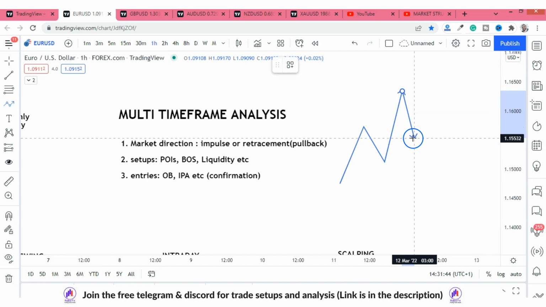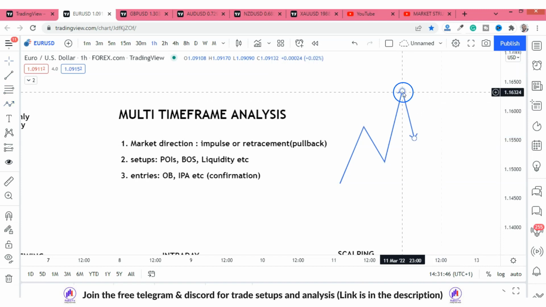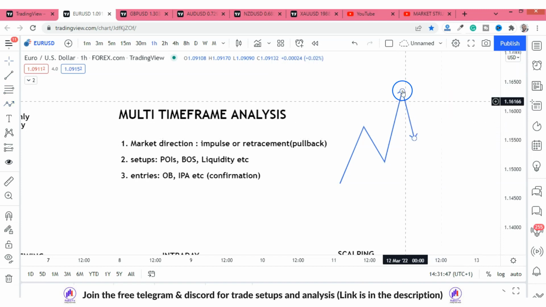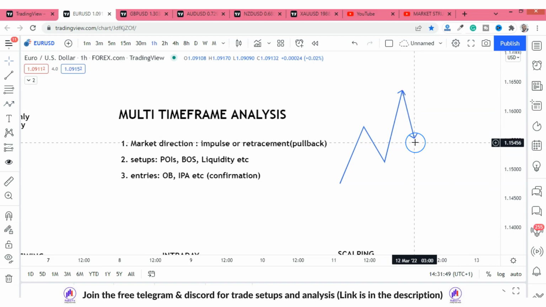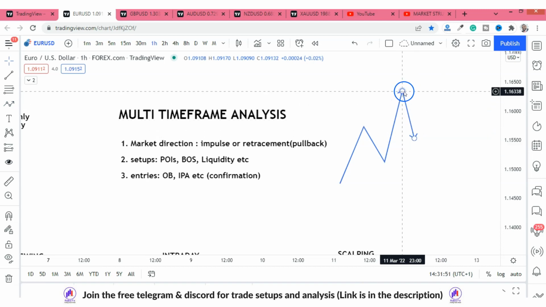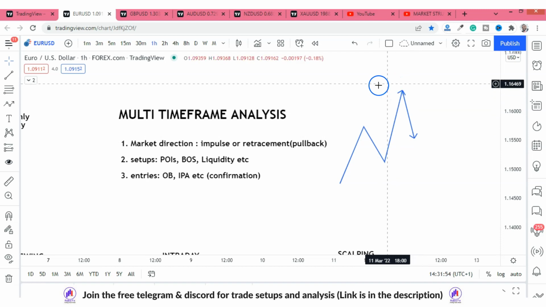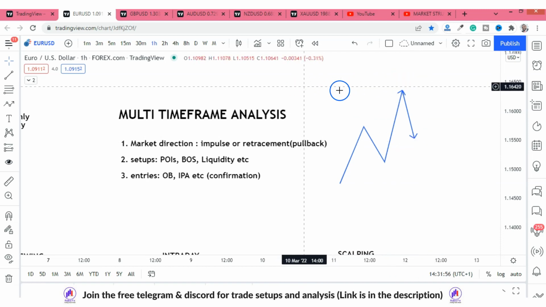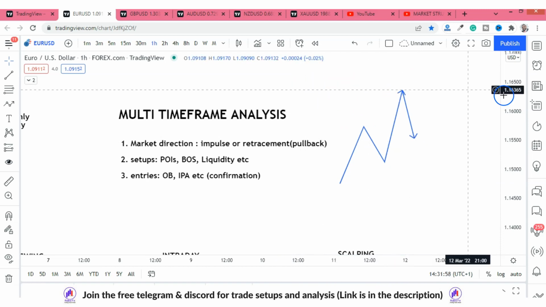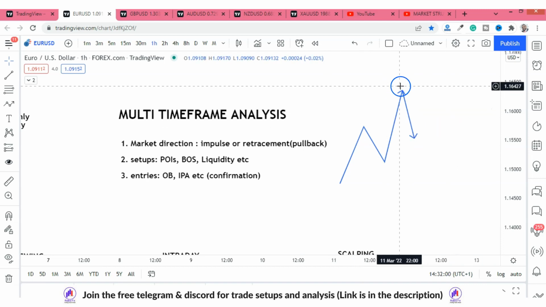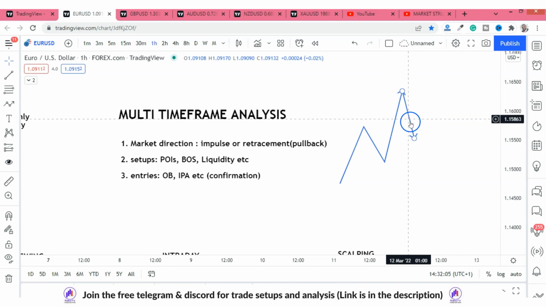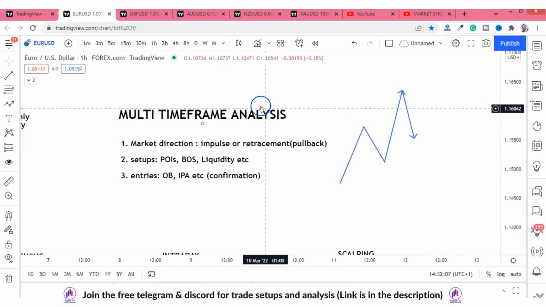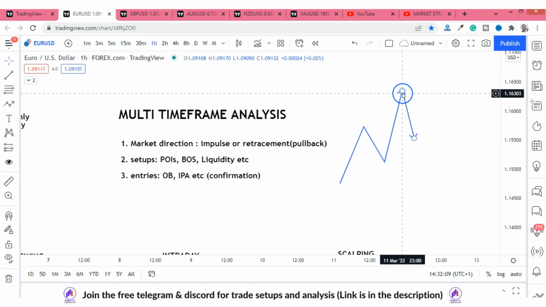In that case, this pullback you're anticipating is your direction. You're expecting that, since this market has mitigated a point of interest up here, you should be anticipating the direction to be bearish.